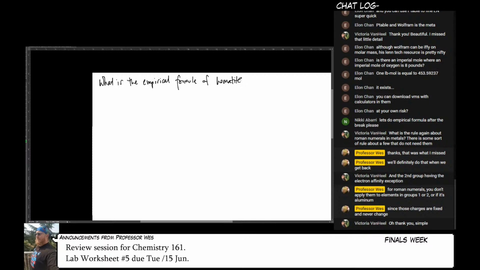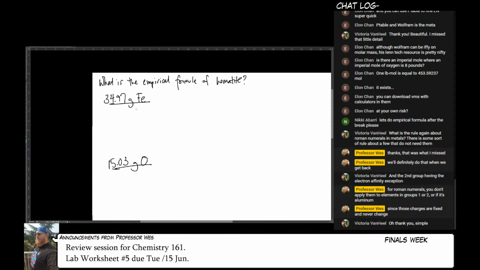Hematite is a mineral that contains both iron and oxygen, according to your textbook. And the sample of hematite that they have is 34.97 grams of iron in the hematite and 15.03 grams of oxygen.